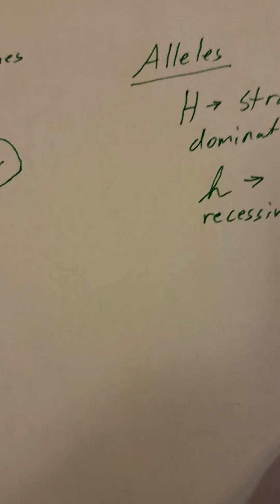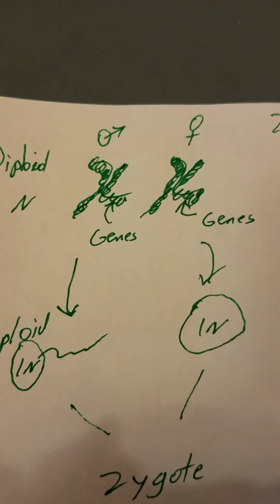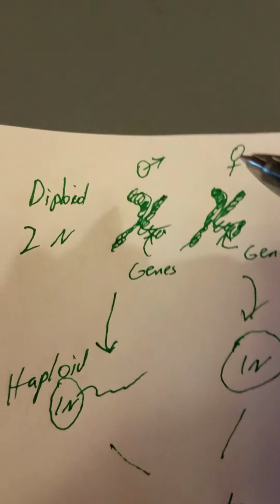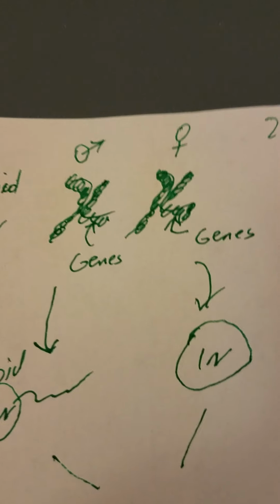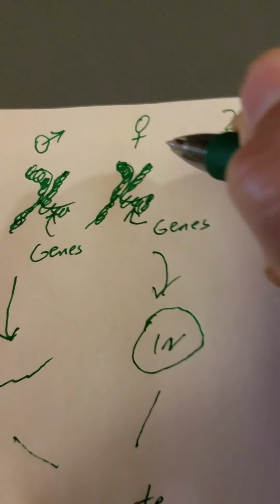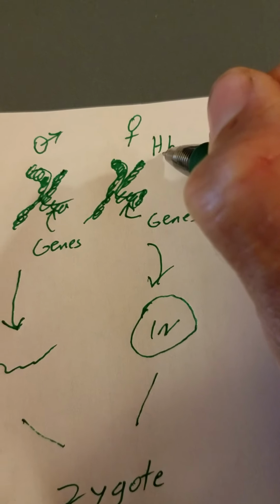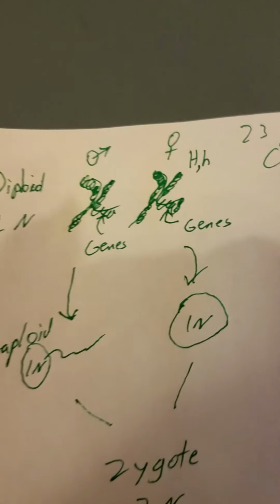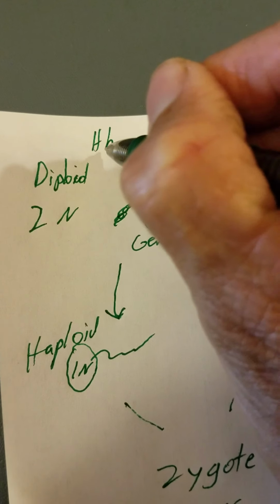So, we will say that Dad had straight hair, but he was heterozygous. Let's say for our example, both Mom and Dad were both heterozygous for their hair alleles. So that means that Mom had one of each, a big H and a little h, for her hair allele. Dad had one of each, a big H and a little h.